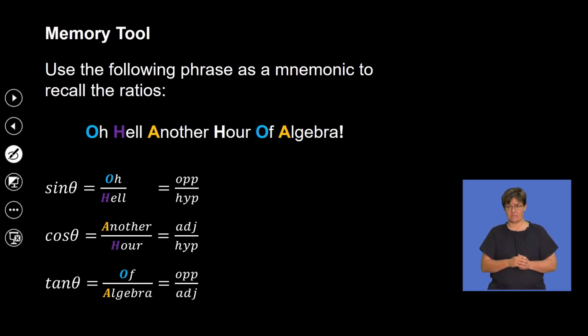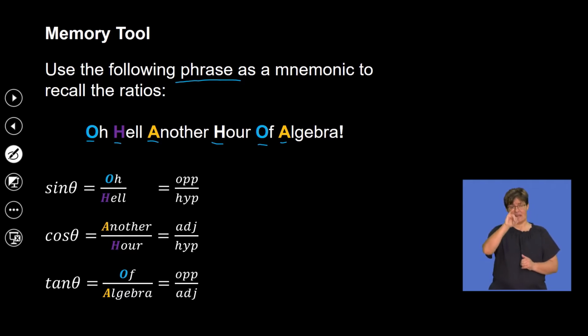Now, the memory tool that I said I'm going to give you: please remember this phrase as your mnemonic to recall the ratios. I'm sure you're going to remember this. It is: Oh hell, another hour of algebra. I used O as a highlighted capital letter, H as well, then A, H, O, and A. So the first 2 letters have to do with sine.